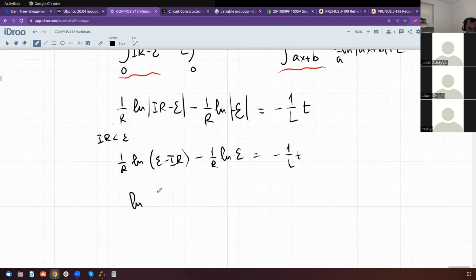So logarithm, apologies that I'm rushing, I do want to do another equation. It equals minus R over L t. And we rearrange this to get EMF minus IR equals EMF e to the minus R over L t.